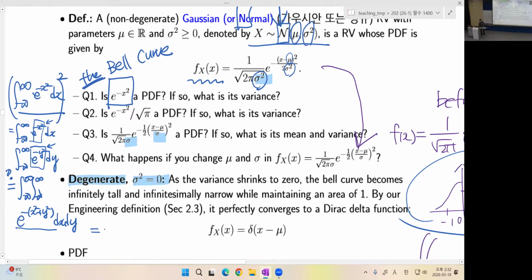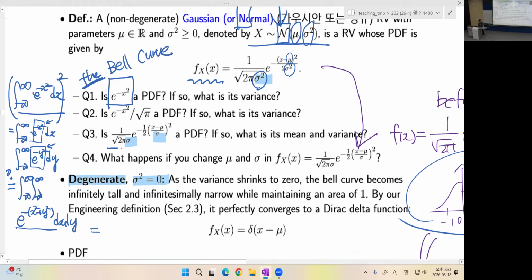And then what do you do? You transform the integration from Cartesian to polar coordinates. And suddenly the number pi pops up. Got it? And then you take the square root and you get the amazing result.